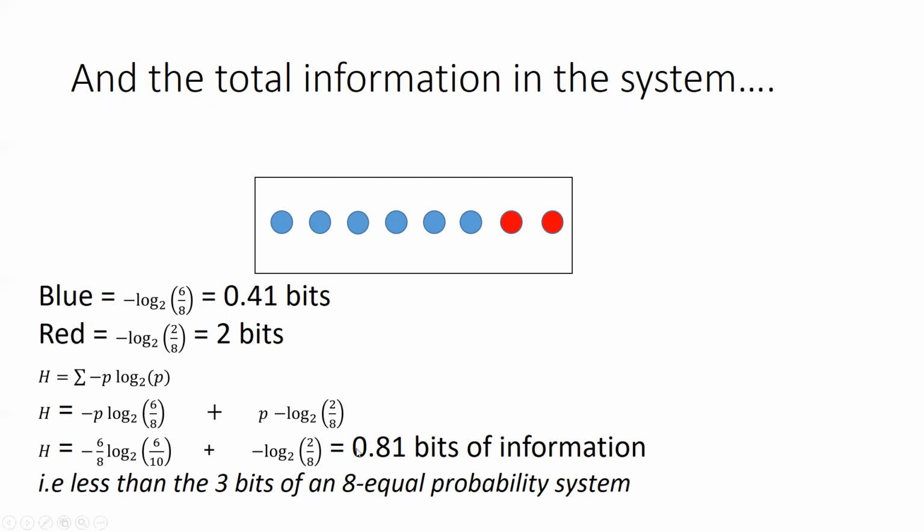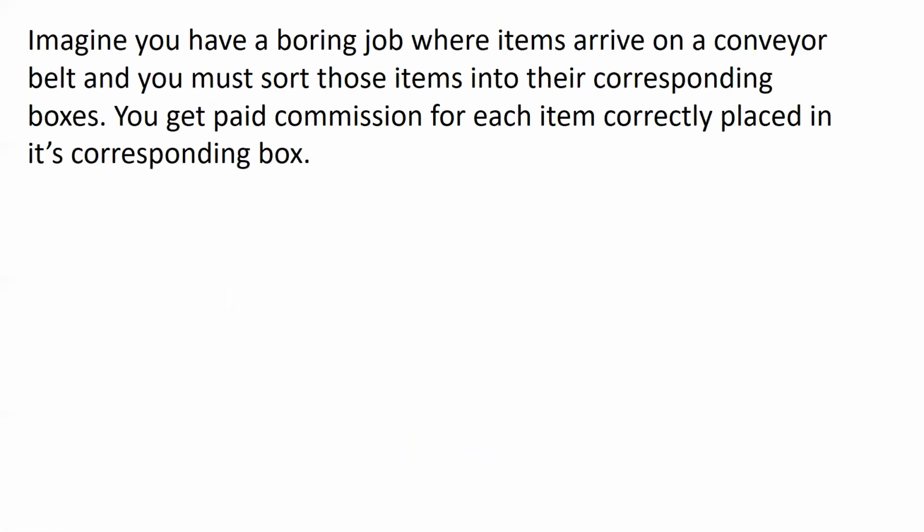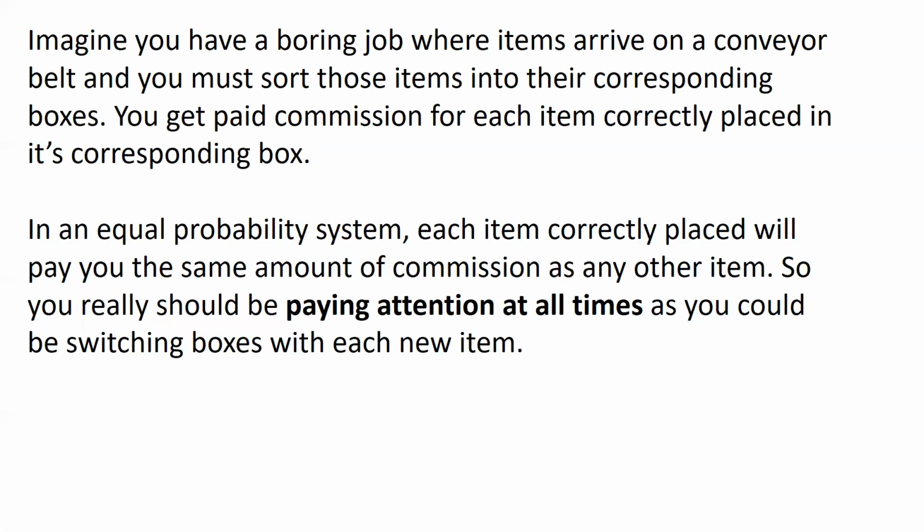So I've come up with another analogy to maybe make this a bit easier to understand. Imagine you have a really boring job where items arrive on a conveyor belt and you must sort those items into their corresponding boxes, and you get paid commission for each item correctly placed in its corresponding box. Well, in an equal probability system, each item correctly placed will pay you the same amount of commission as any other item.